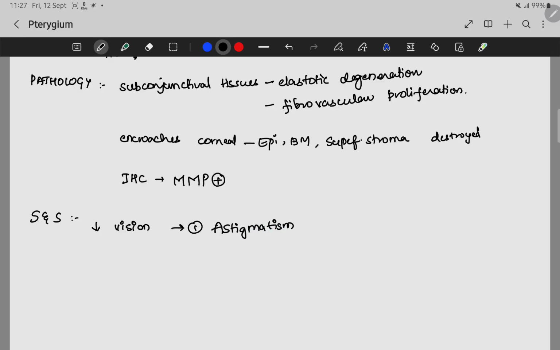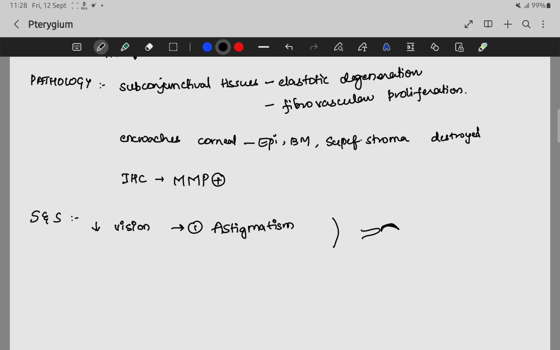Normally the vertical meridian is more curved than the horizontal meridian, but because of this encroachment, the horizontal meridian becomes more curved, right? So it becomes against-the-rule astigmatism.